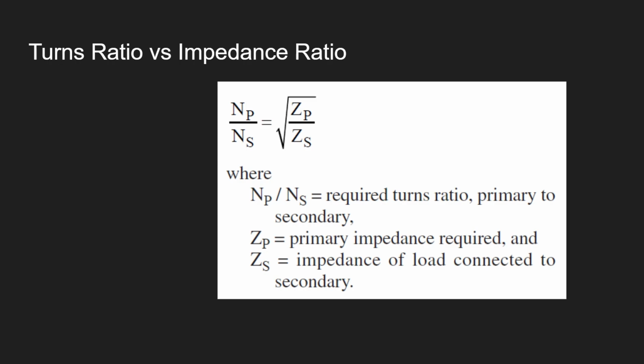Impedance. It is root. I forgot if I have shown my calculation here. Let me check. I really don't know. Have I included the proof here? No. Just a second.